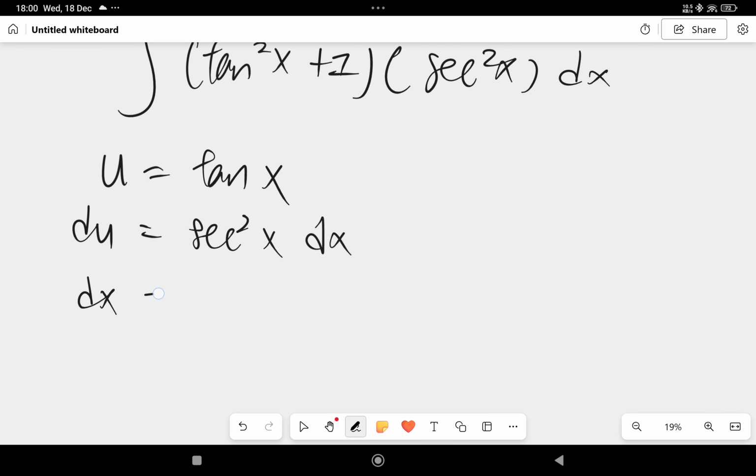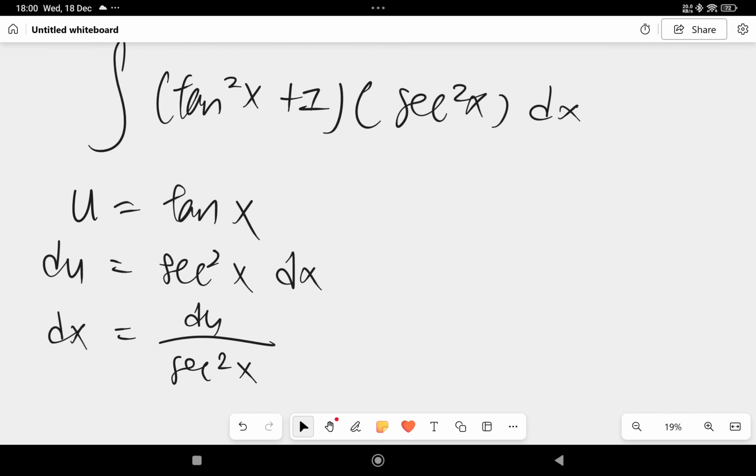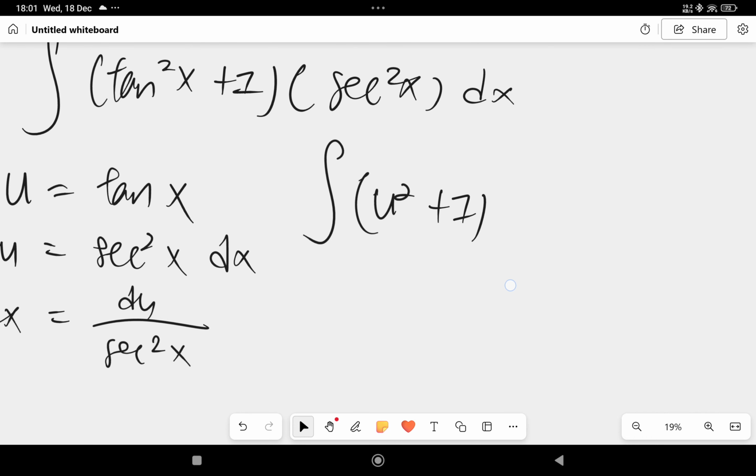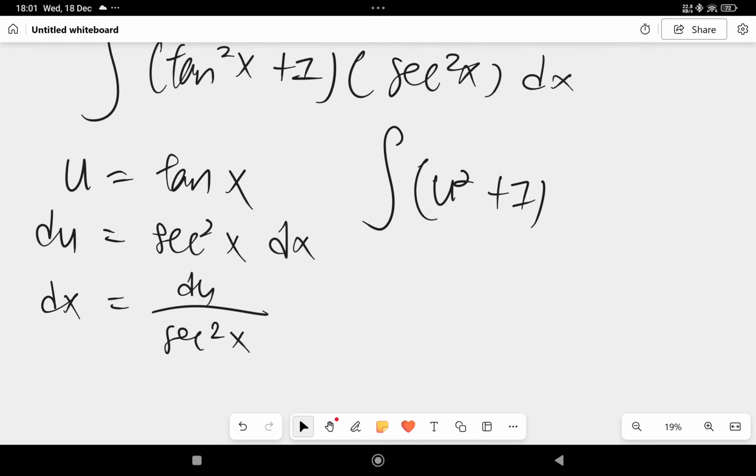So dx equals du over secant squared x. What we have now is the integral of, because we let u equal tan x, u squared plus 1, times secant squared x.